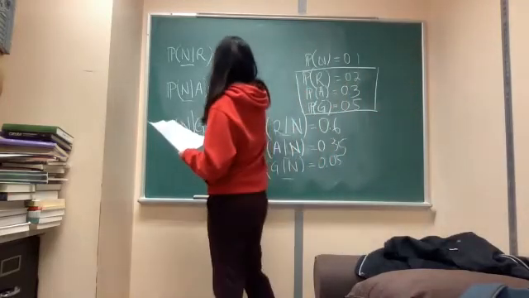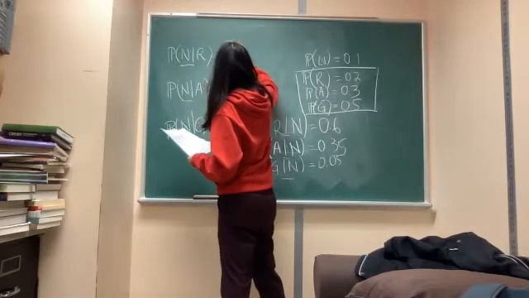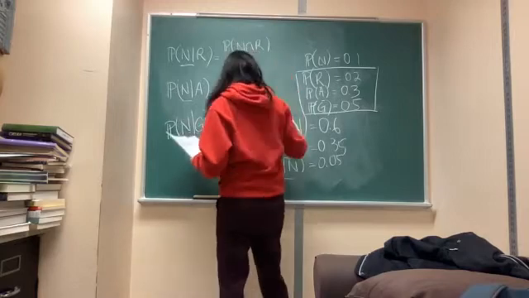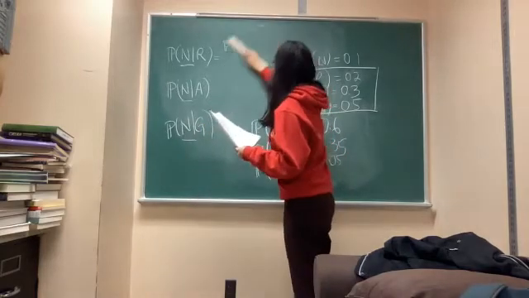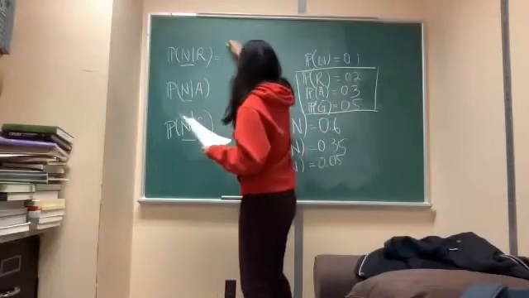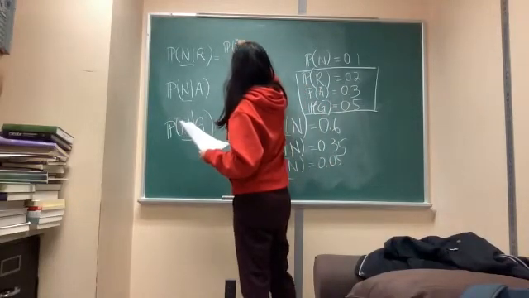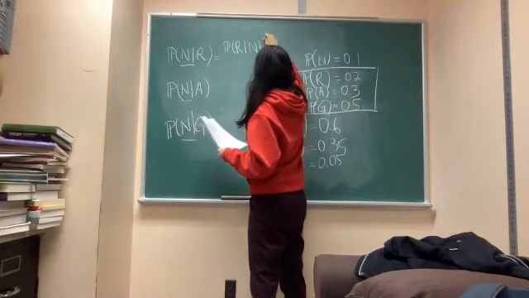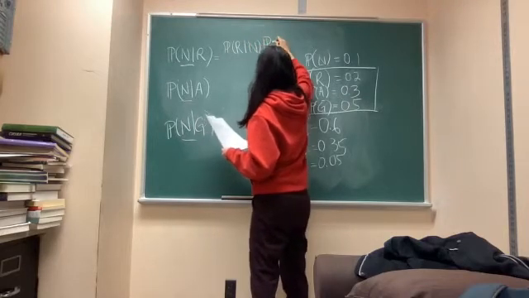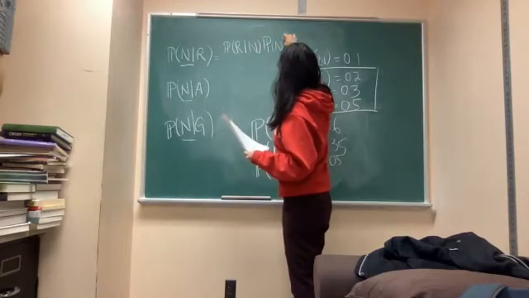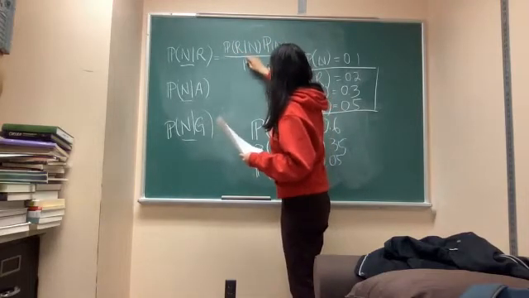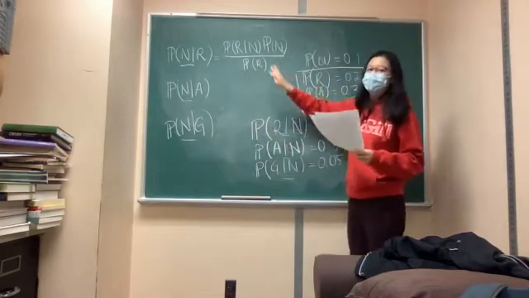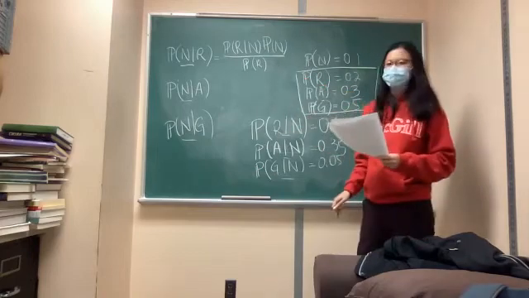By the definition, this is the probability of N intersection R. Actually, we should just apply Bayes' theorem directly. So this is the probability of R given N, multiplied by the probability of N, divided by the probability of R.